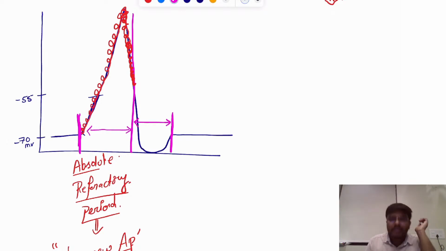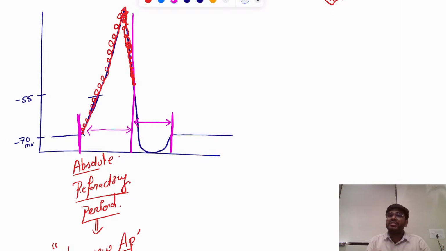Here the neuron is repolarizing and hyperpolarizing, the last two-thirds of the repolarization. During this period, if you give any stimulus, a new action potential can be generated.